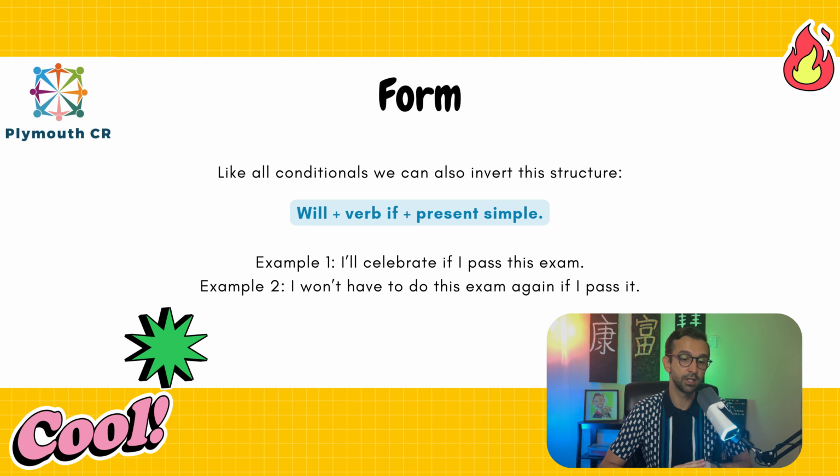It doesn't make a lot of difference. It's just that in terms of writing, in this case, you don't have to write a comma. It says, I'll celebrate if I pass this exam, or I won't have to do this exam again if I pass it. All right. So it's the same idea. It's just inverted. And in terms of writing, in this other structure, you don't need to use a comma.